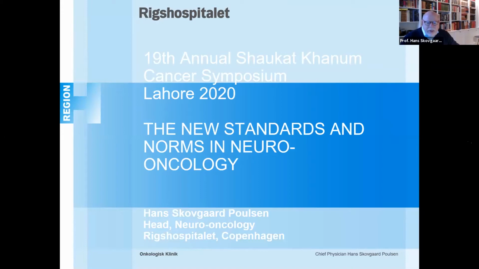As oncologists, we don't treat meningioma as much as gliomas, and what I will especially do is try to show you data which is the basis for where we stand today.